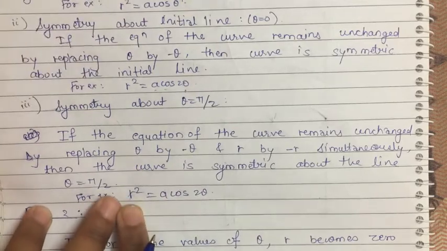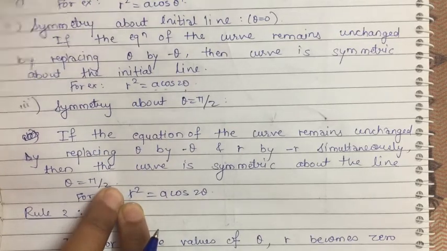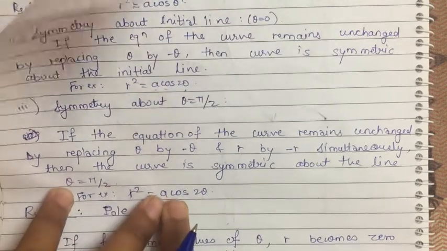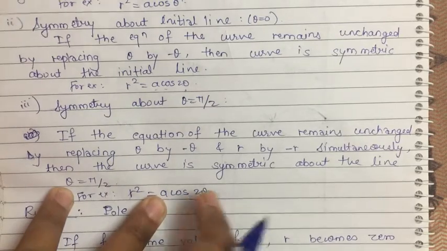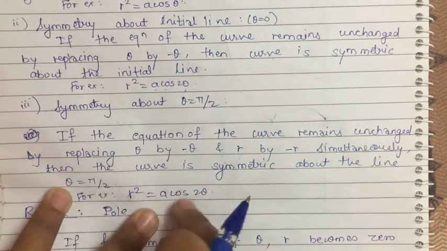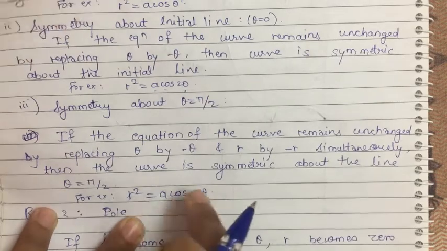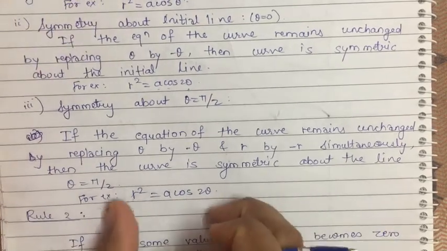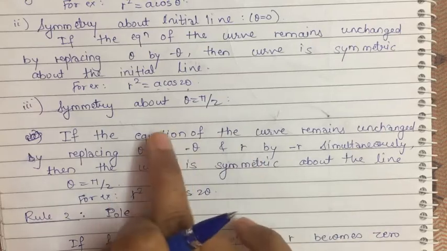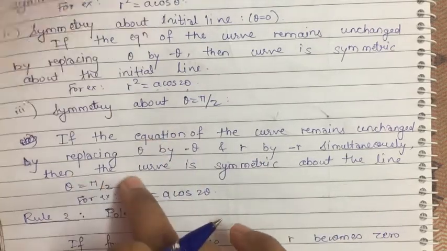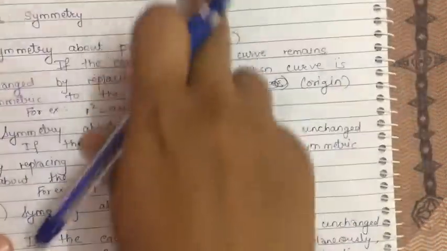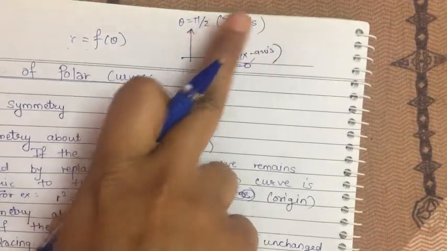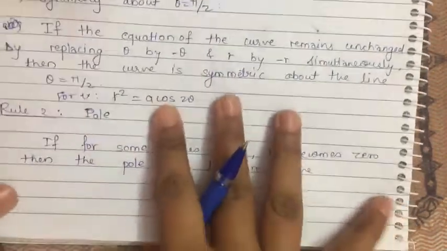But you know, the square of a negative number is again positive, and cos of a negative angle is again positive, so r square equal to a cos 2 theta. That means this equation will remain the same. Therefore this is symmetric about theta equal to pi by 2, that is, in terms of Cartesian, the y-axis. So this is symmetry.